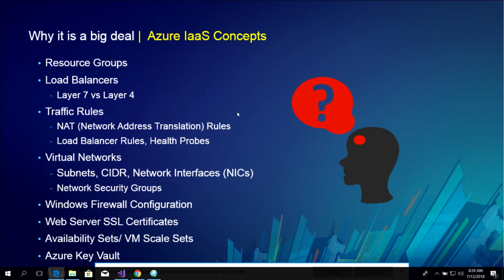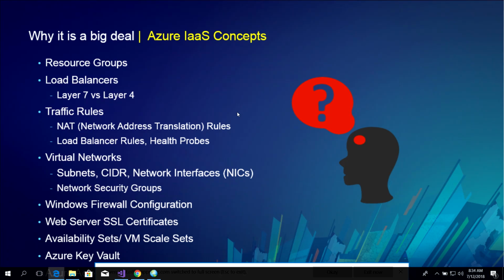So why is this a big deal? As you know, ArcGIS Enterprise runs on top of infrastructure as a service or virtual machines. And so those virtual machines could be on your premises, in a different cloud, or Azure. So what's the big deal, really? The big deal is that Azure comes with a fair bit of learning curve with it.